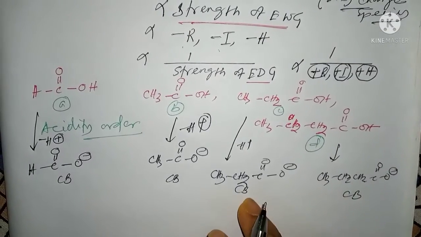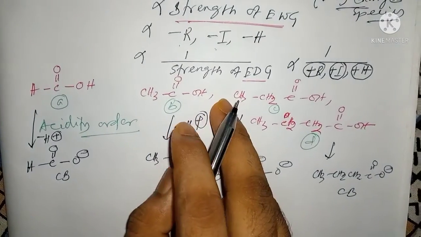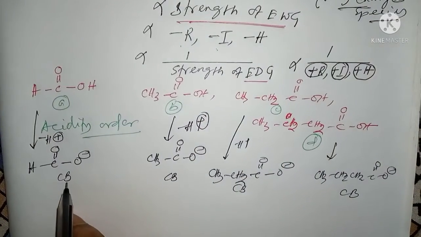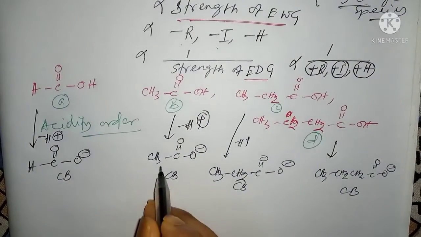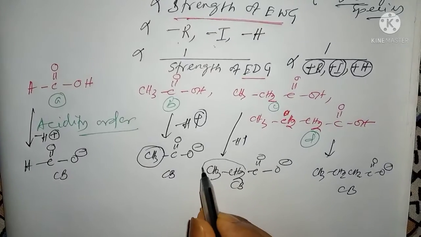Now for the stability of the conjugate base, check minus I or plus R. Here CH3, CH3CH2, CH3CH2CH2 show plus I effect.